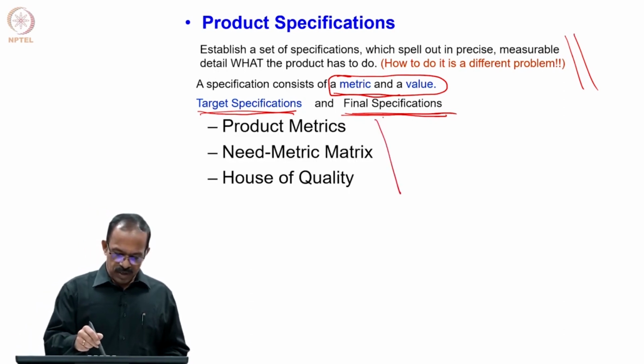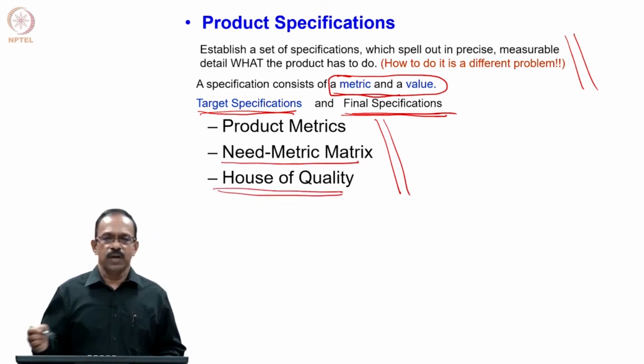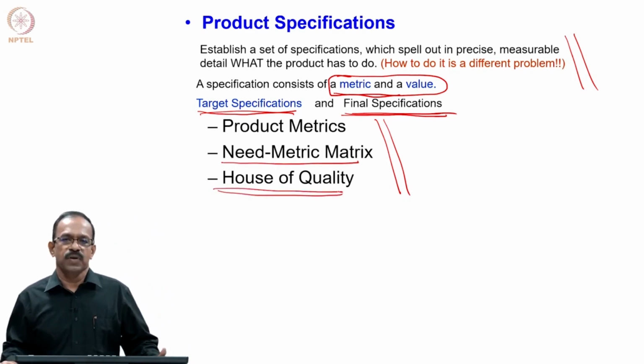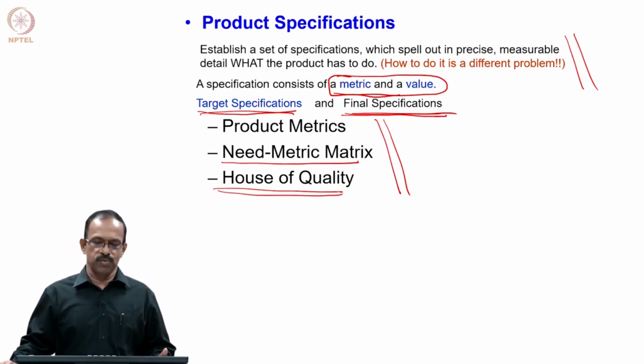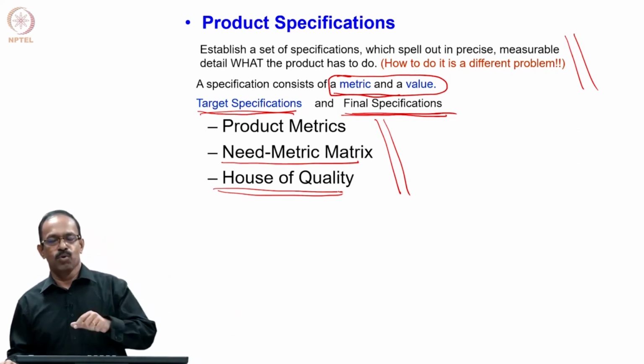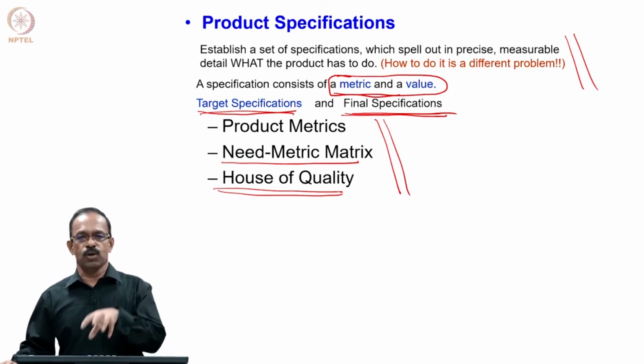We talked about the different metrics, and then about the need and metric relationship, and how to use the house of quality to have a combined view of customer needs, metrics, values, and technical difficulty, and based on all these how we fix the target values for the product. So, from customer needs we move to the design specification, which is an objective, measurable quantity.